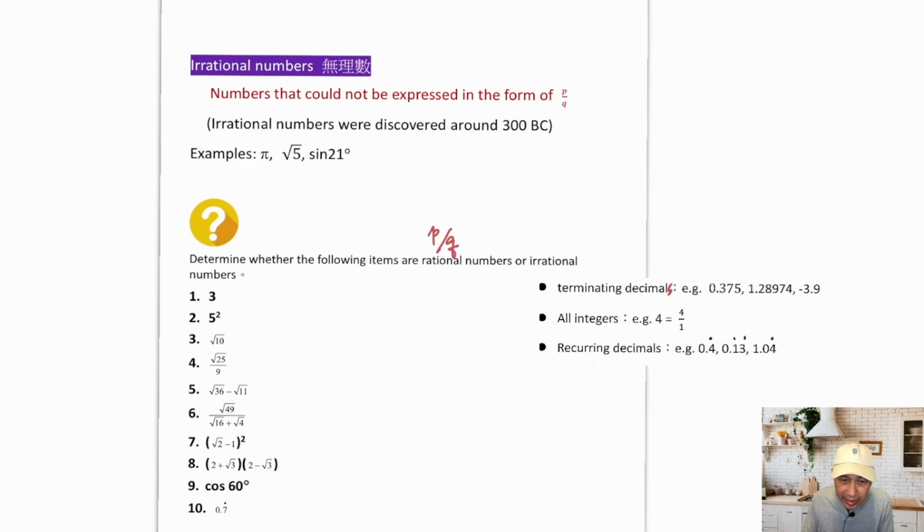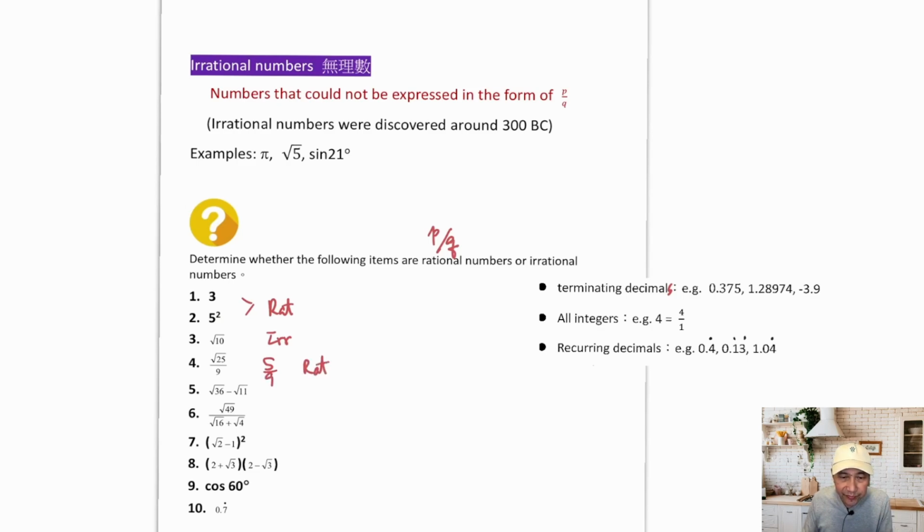The first 2 are integers, so they are rational numbers. Root 10, you can check by your calculator, is equal to 3.16 and so on without end, so it is an irrational number. Root 25 over 9 is equal to 5 over 9, so of course it is a rational number.